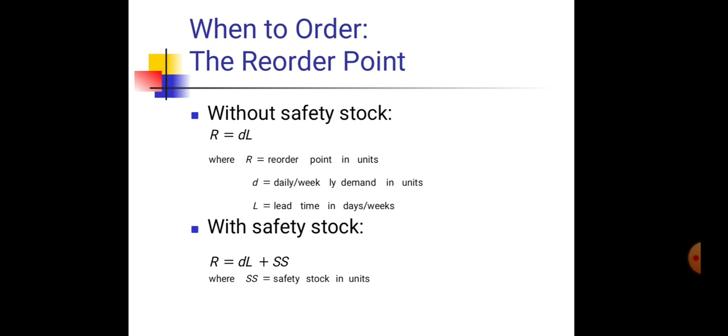If you are not considering any safety stock, you just neglect it. You must know the lead time. Lead time is the duration from the date of ordering to the date of receiving the material.